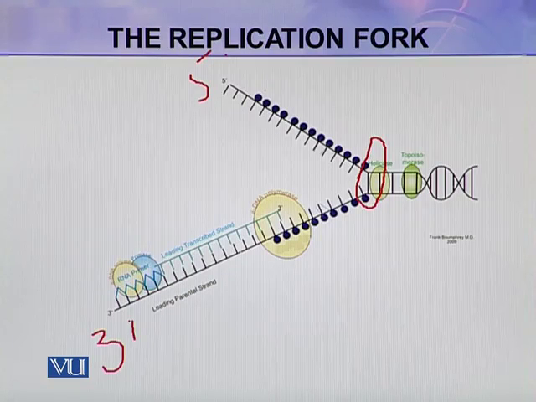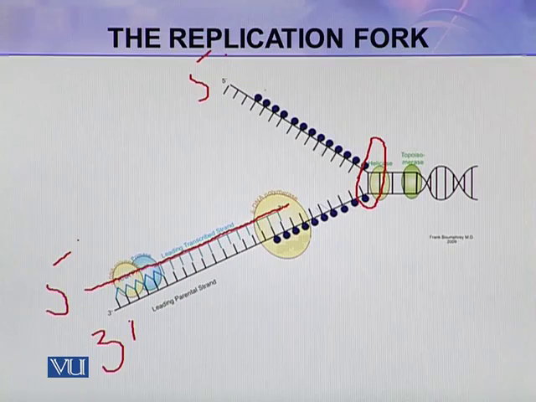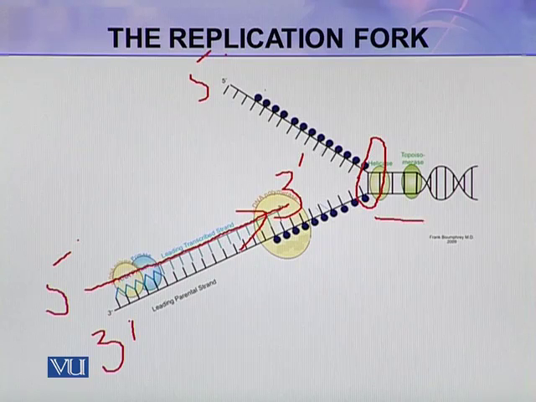So a new strand is synthesized here. This is the new strand, and the new strand will have a 5 prime on this side and 3 prime on this side. So this synthesis will be continuous and will continue until this fork moves towards the duplex side.